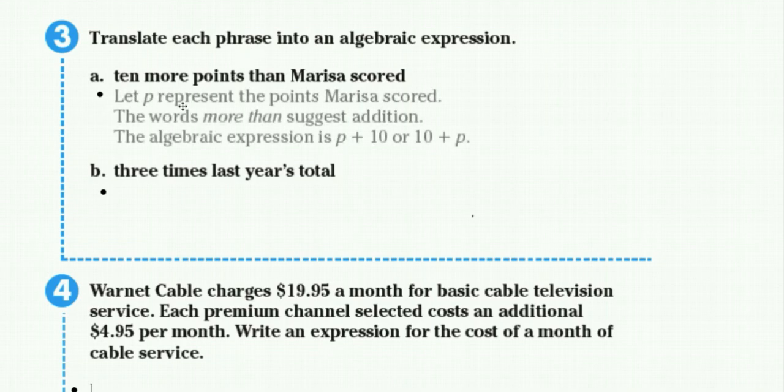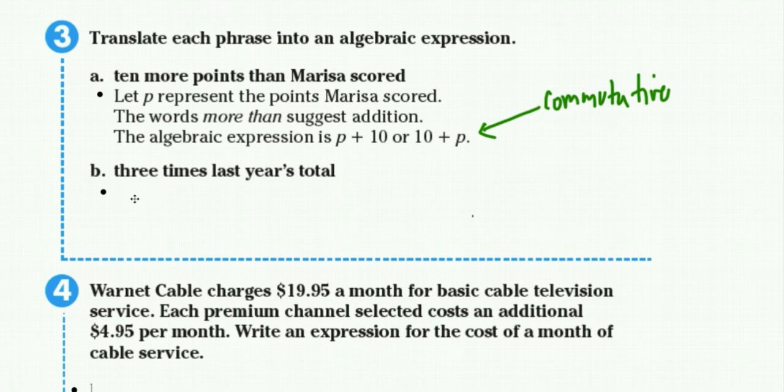So let P represent the points Maria scored. The words more than suggest addition. So the algebraic expression would be P plus 10 or 10 plus P. Why are they both the same? Remember what we talked about in the commutative property of addition: P plus 10 is equal to 10 plus P.